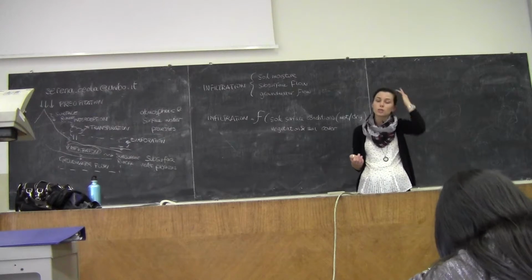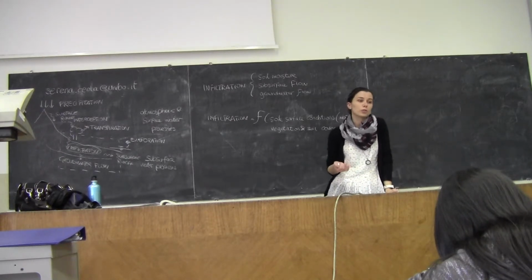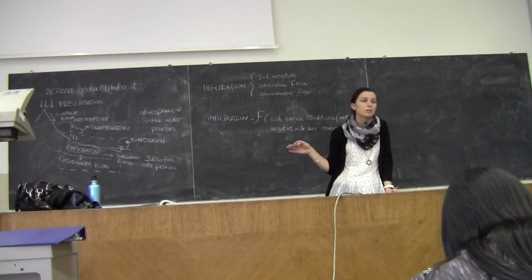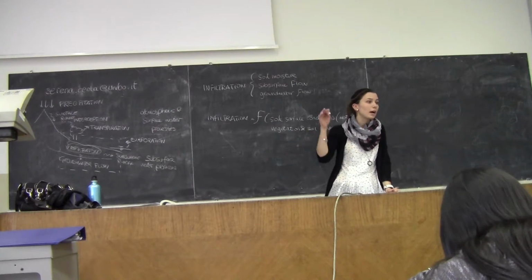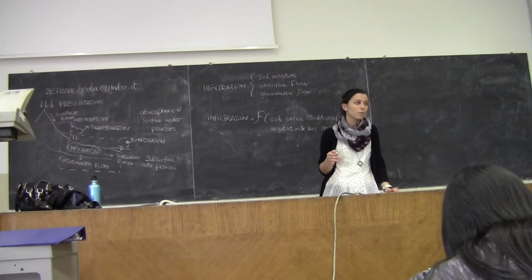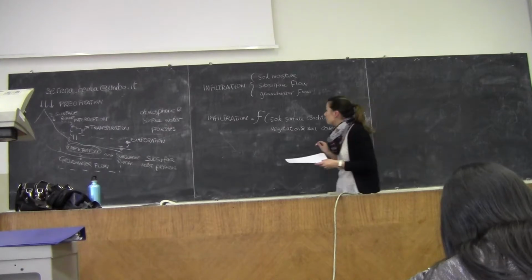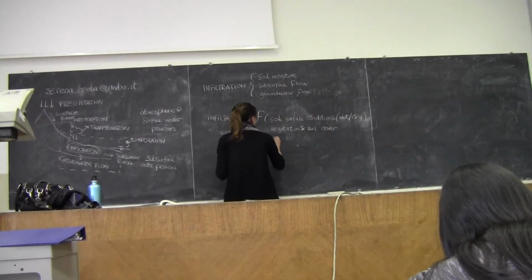And in the case of impermeable surfaces, let's think about the streets, we do not have any kind of infiltration below the ground. Then infiltration is also a function of the soil properties.